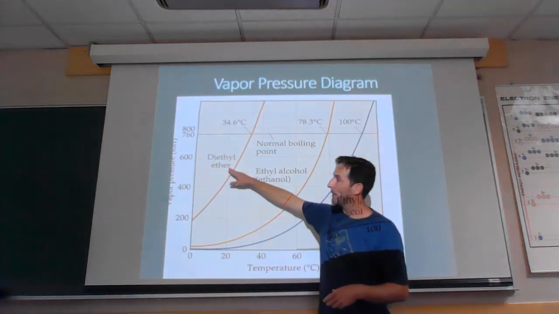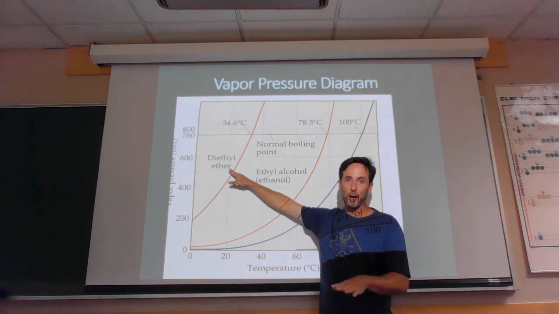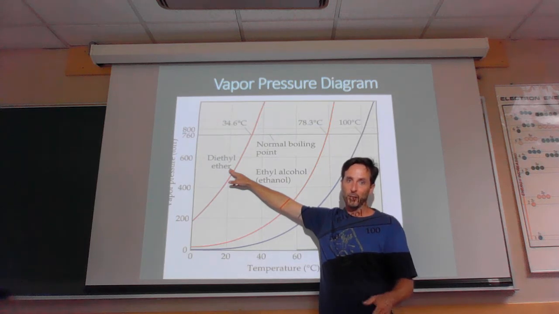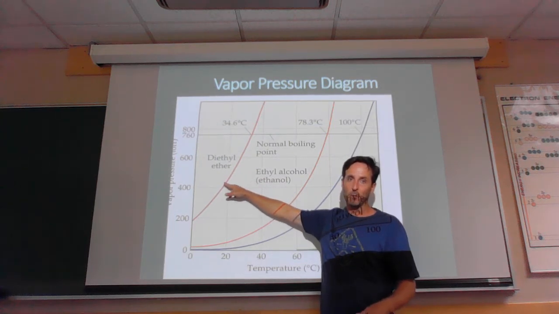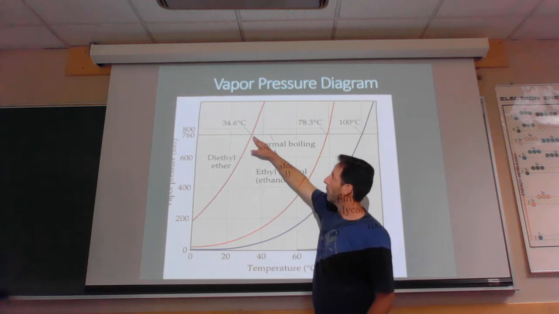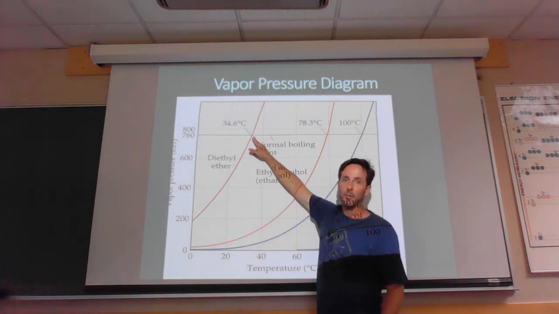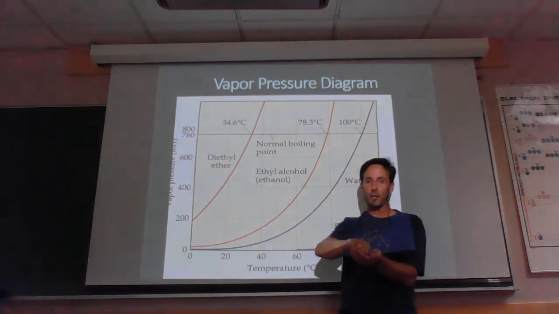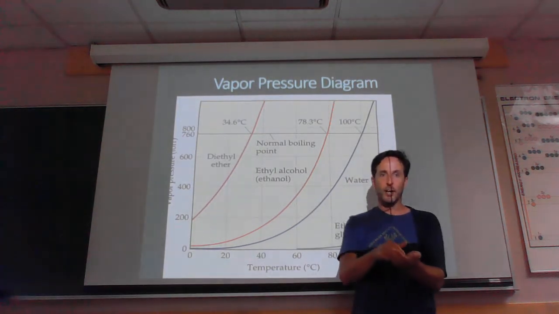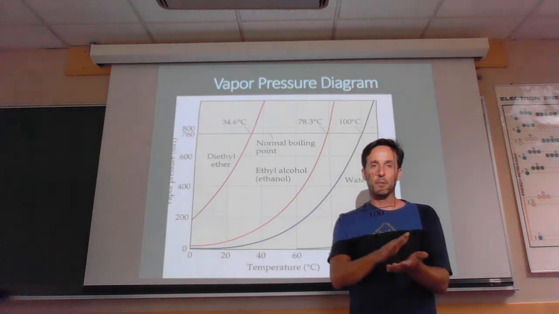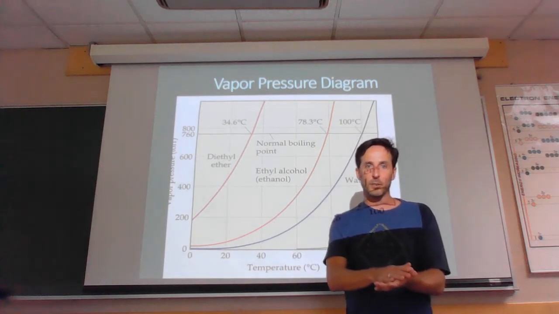And then diethyl ether is actually a polar compound, but it can't do hydrogen bonding. So it just has dipole-dipole forces, which are weaker, so that's why its boiling point is significantly lower. It's only at 34.6. So if you pour diethyl ether on your hand, it'll start boiling in your hand because the temperature of your body is 37 degrees Celsius.